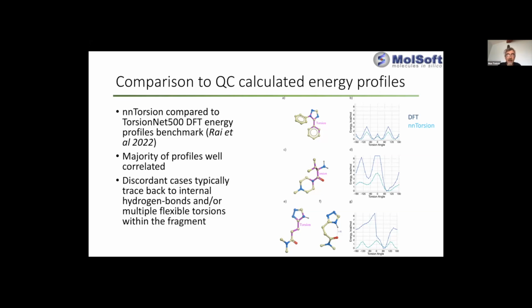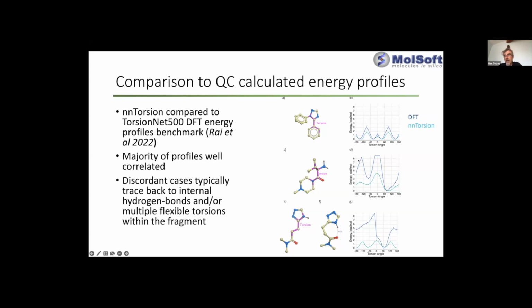So we took it and compared it to our predicted profiles. And we see that indeed, our profiles and their profiles in most cases correlate quite well, in the way that you see it here at the top. We transformed our probabilities into energies using the Boltzmann relationship, assuming that there is a quasi-Boltzmann distribution there.